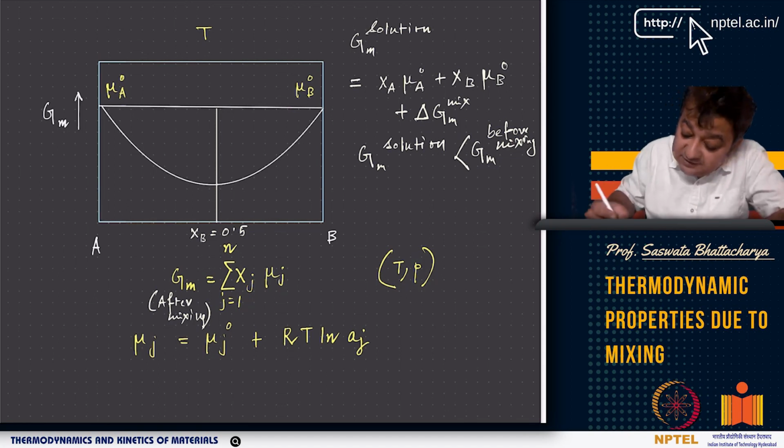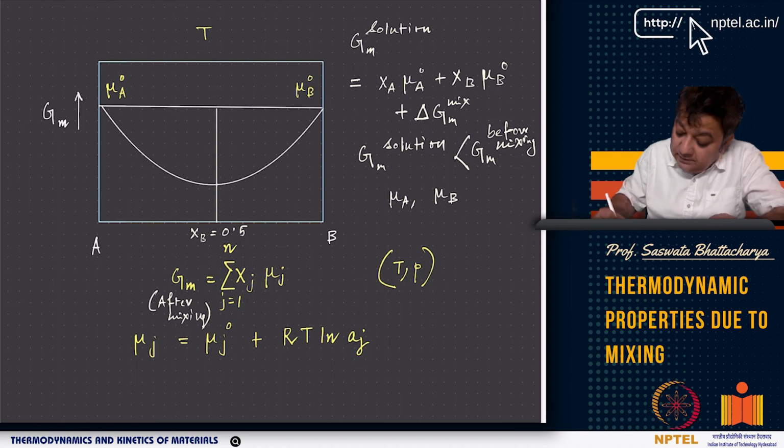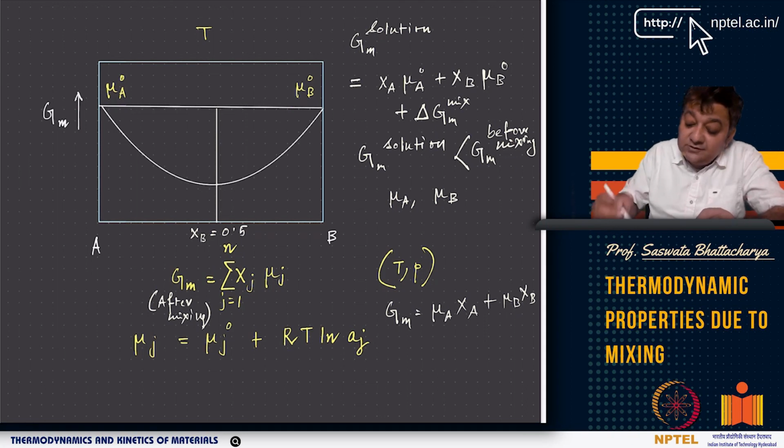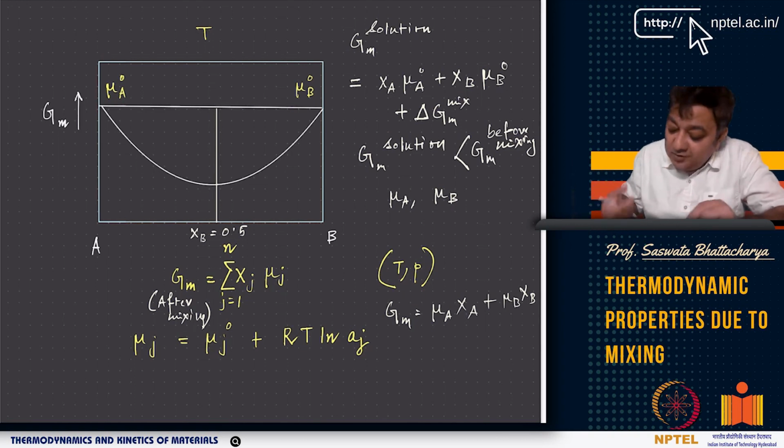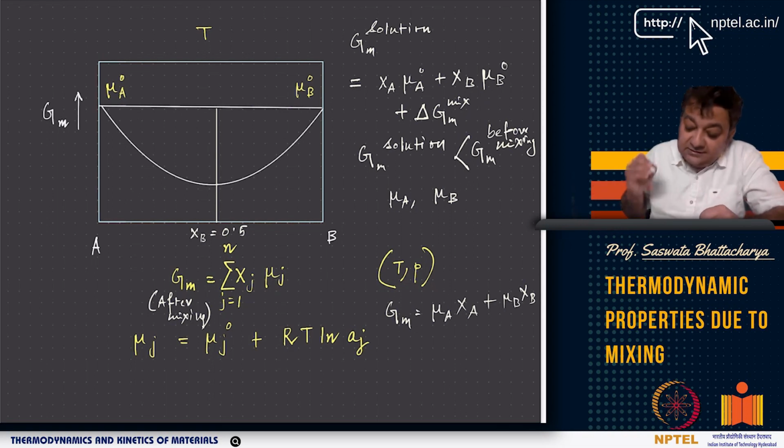So basically the chemical potential now is mu A and mu B. Now GM is mu A XA plus mu B XB. Previously it was mu A0 XA plus mu B0 XB. So mu A minus mu A0 and mu B minus mu B0 is the excess part, okay? It is the relative change, the relative partial molar free energy. So this is the idea.